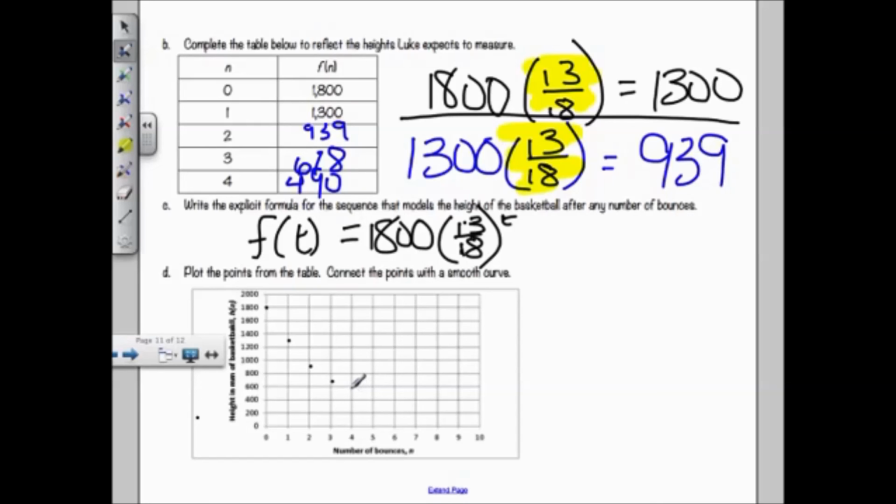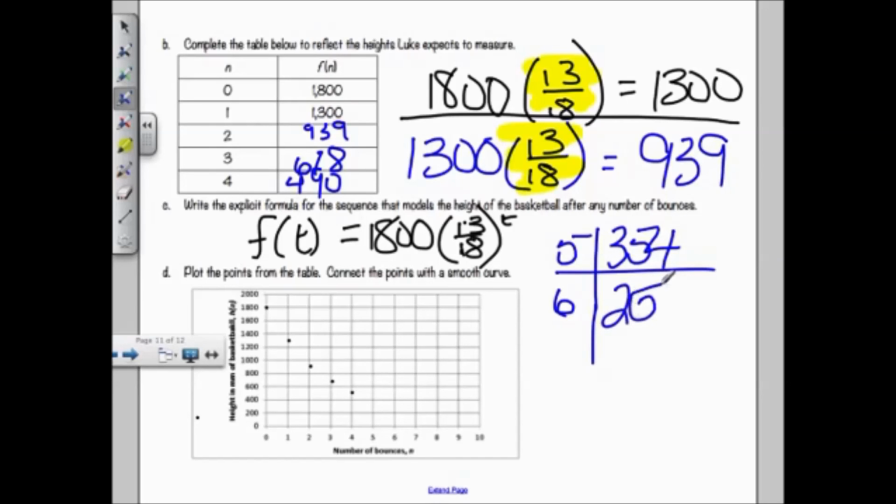And you know what? I would like you to try a couple more bounces, and see what you end up getting. Go up to maybe the sixth bounce, see what you get. I got that after 5 bounces, the height would be 354, and that after 6 bounces, the height would be 255.